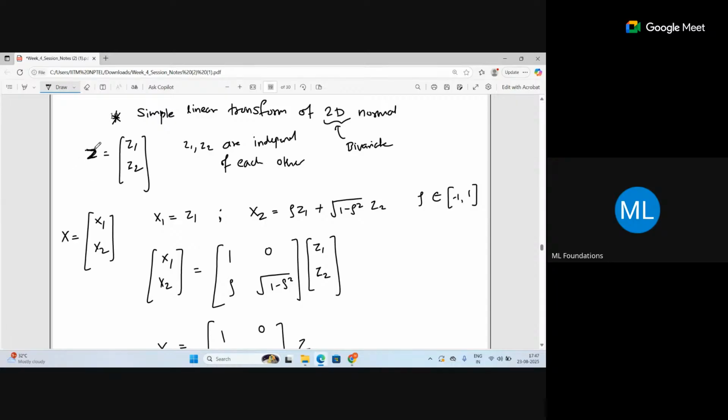So we know this one, right? Why? Because z1 is a standard normal random variable, z2 also is a standard normal random variable, and if they are independent of each other, will I be able to calculate their joint density? Yes or no?